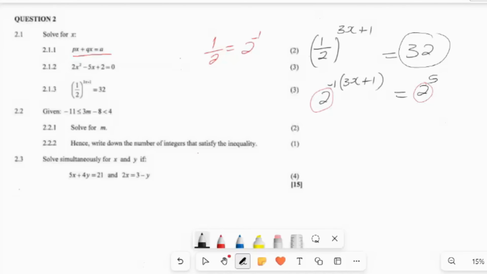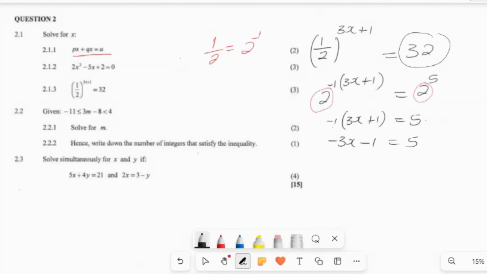On the exponents, we've got -1 into 3x plus 1, which equals 5. So this minus 1 will multiply what's inside the brackets and we'll have minus 3x minus 1 equals 5.